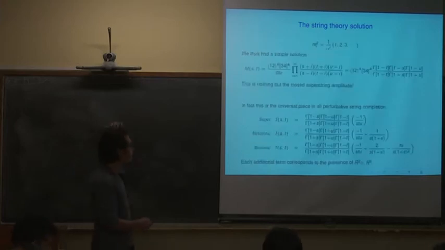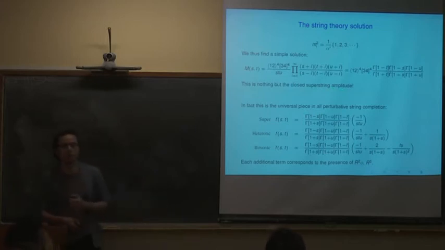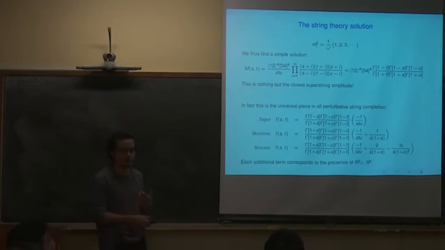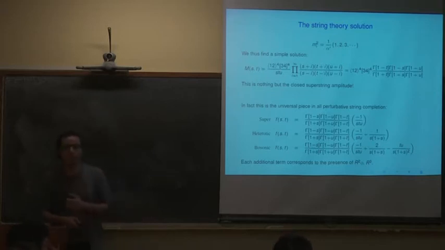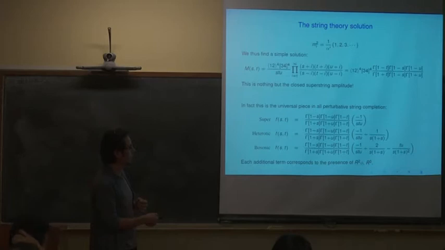Okay. So we plug this in, and lo and behold, we get the type 2B supergravity amplitude, the closed superstring amplitude, which is just a product of these with integer spacing. You might ask, but we have different closed string theories. If you look at the 4-point function, it's actually a very interesting result.